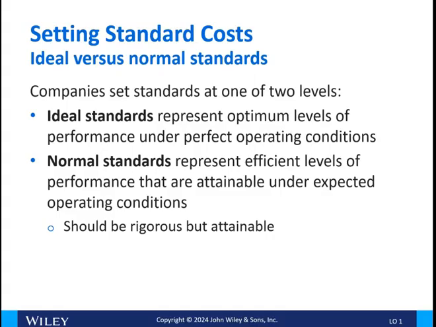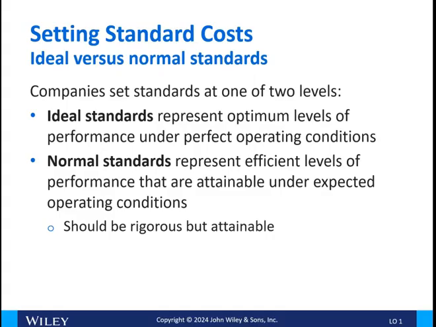So it's more realistic. It shouldn't be too low that it's easy to obtain, so it should be rigorous but also obtainable. If historically you're running at 80% efficiency on a particular machine, you might set the standard at 85 to give you some challenge and try to improve your performance.